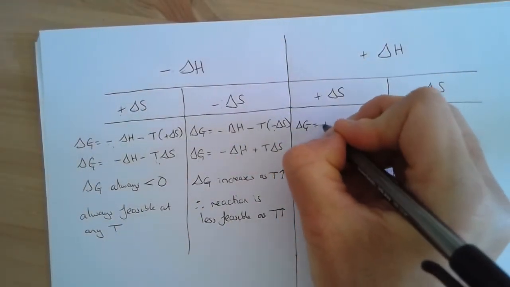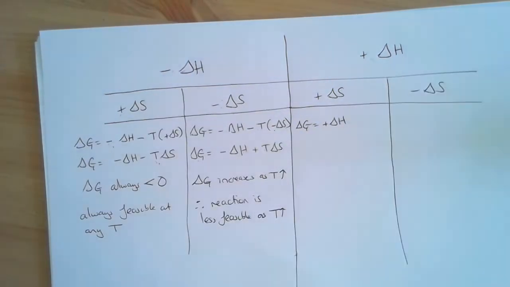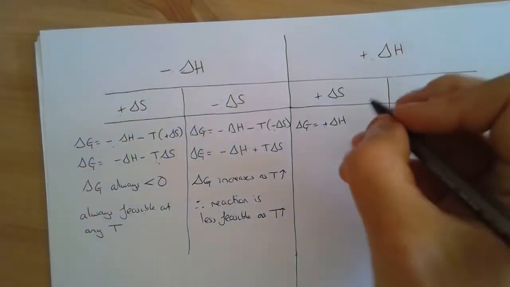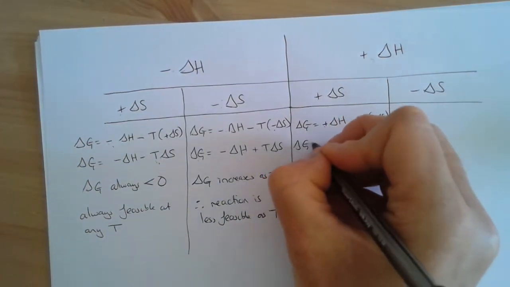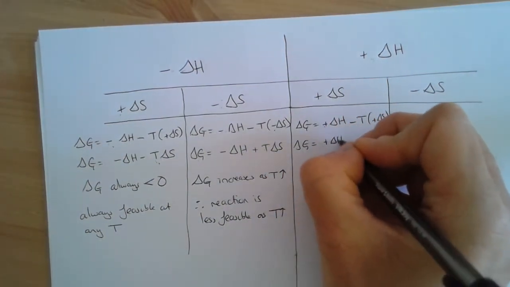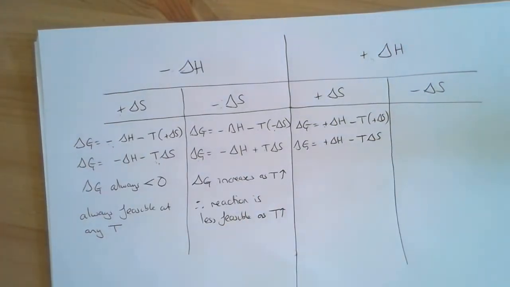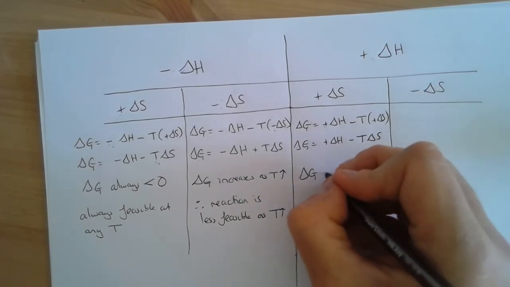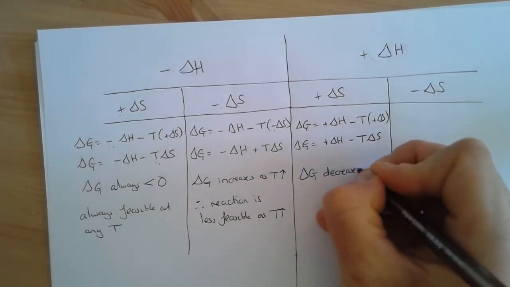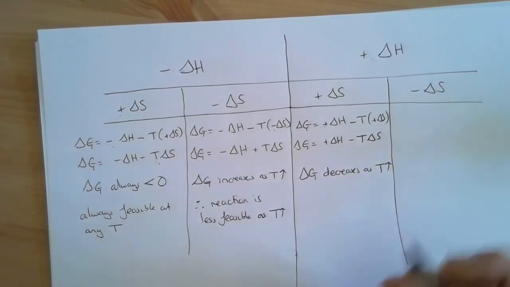Let's have a look at this one. Delta G equals plus delta H. So this time we've got an endothermic reaction, so it's plus delta H minus T plus delta S. Let's substitute the values out. Plus delta H minus T delta S. So delta G decreases as temperature increases.